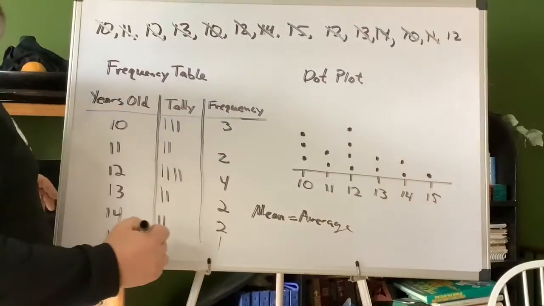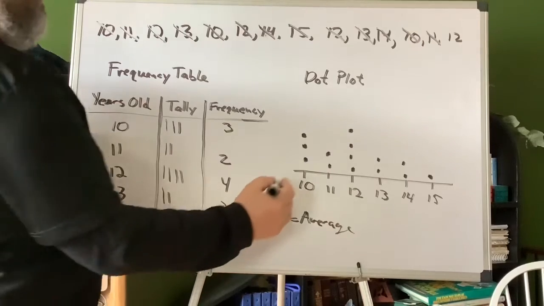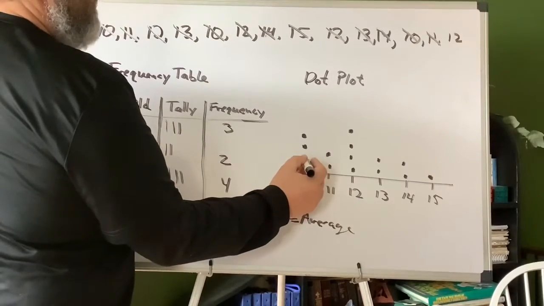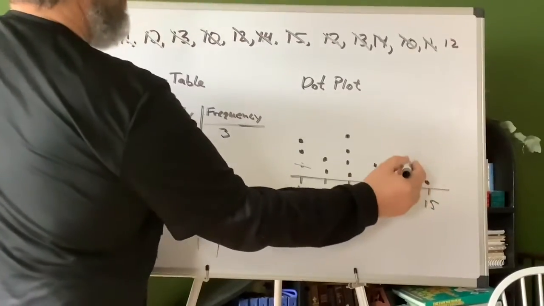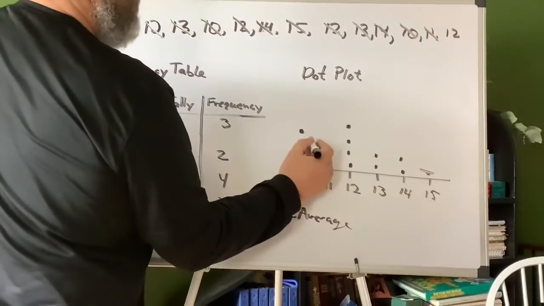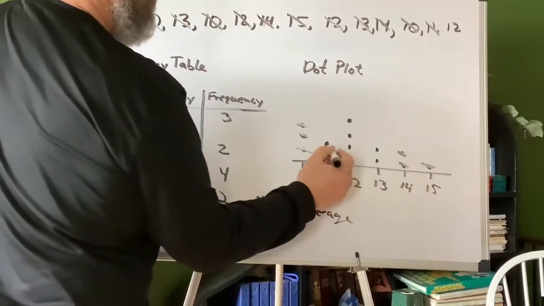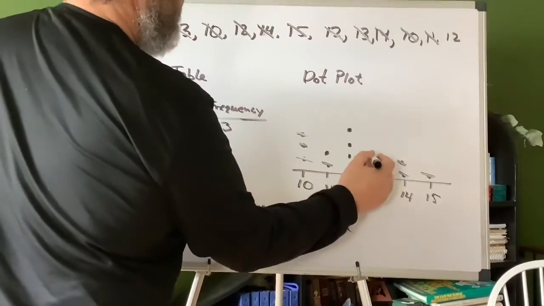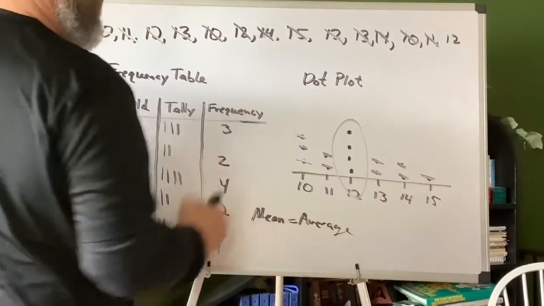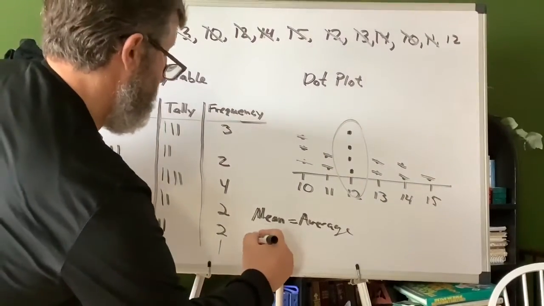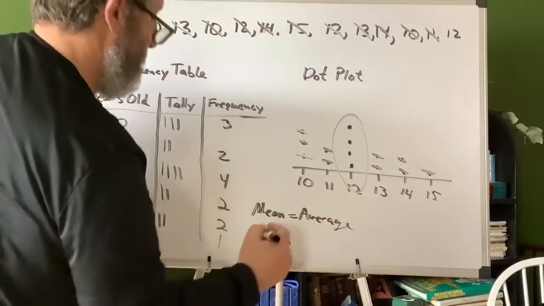The median would just be counting to the middle. So here I go. I'm counting 10, 15, boom, boom, boom, boom. See what I'm doing? I'm working my way to the middle. So obviously the median is going to be here at 12, somewhere in 12. And then the mode is also the one that occurs most often.